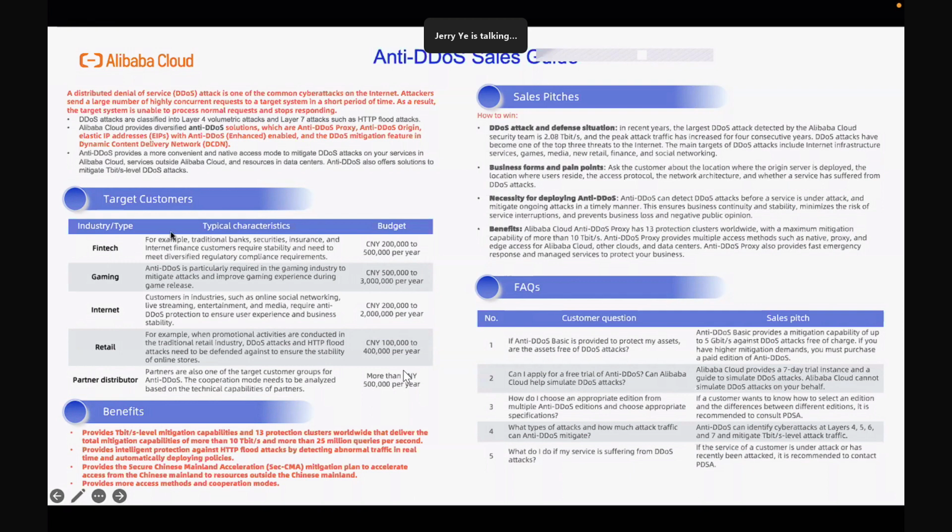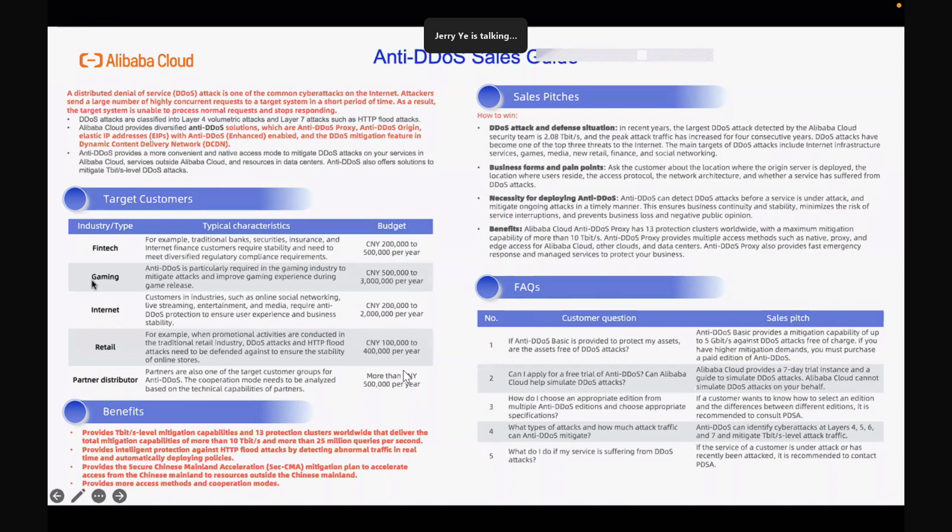We have some fintech customers among our traditional finance customers in Singapore and Malaysia, right? They have some compliance or regulations. In order to meet the requirements of the compliance and regulations, the customers may purchase the anti-DDoS product.